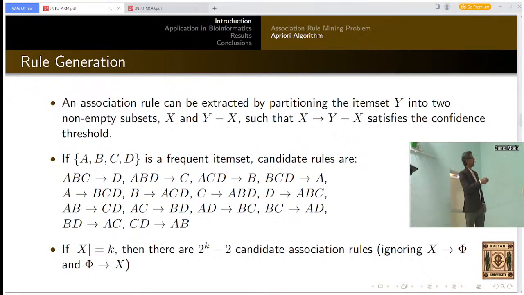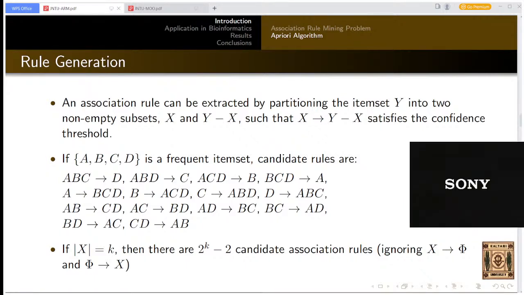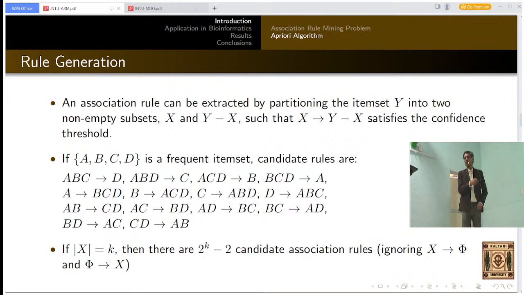The approach is like this: suppose Y is the itemset from which we are extracting the rules. We find a subset of Y, X. This has to be repeated for all proper subsets of Y, and we put X on one side and the remaining part, that is Y minus X, on the other side.